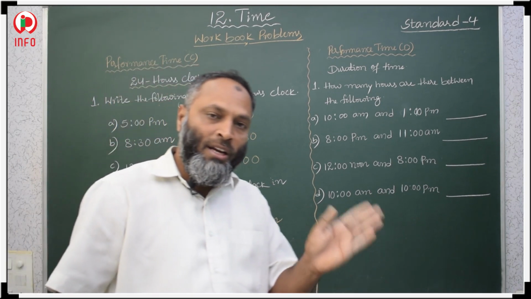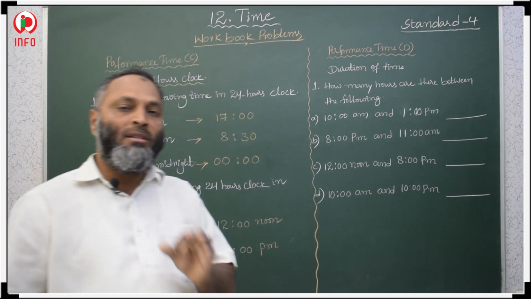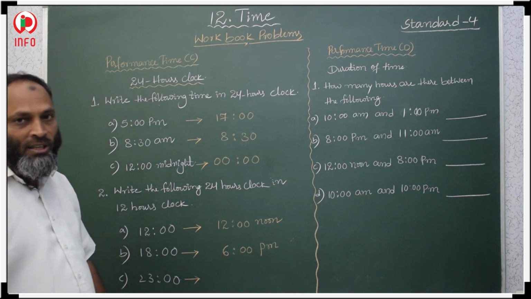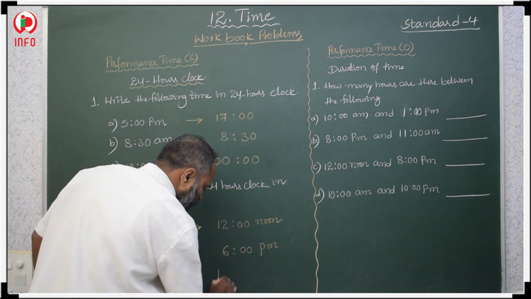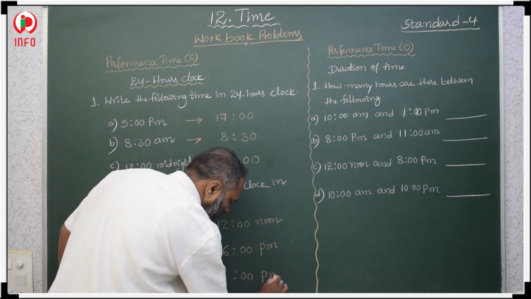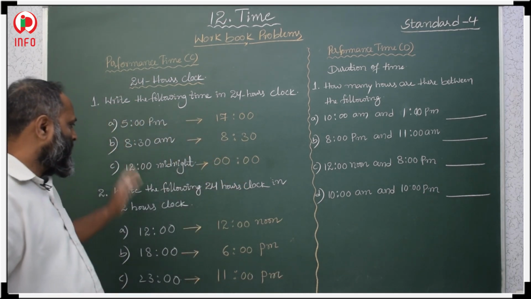When it is more than 12, we should subtract 12 from the hours. 23 minus 12 is 11 PM. Okay, so this is the method to convert.